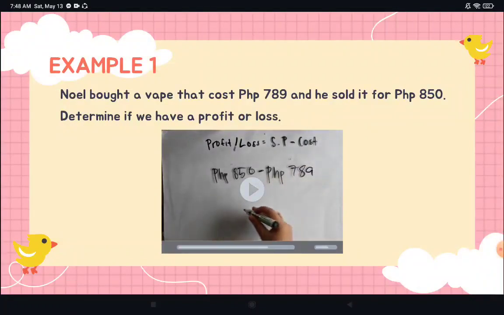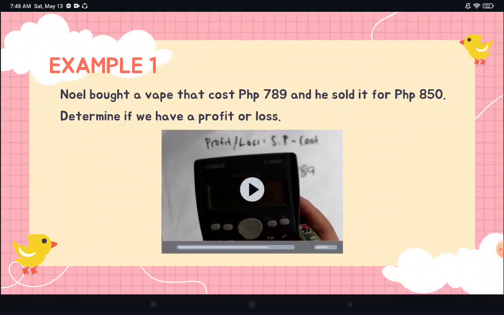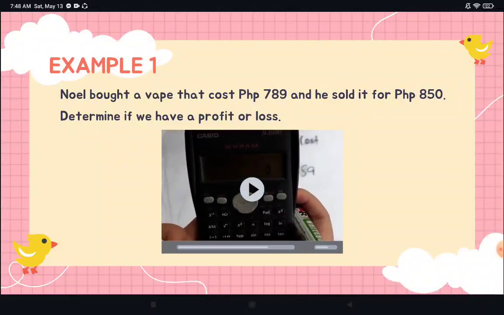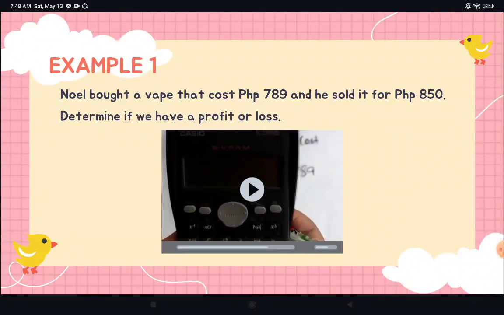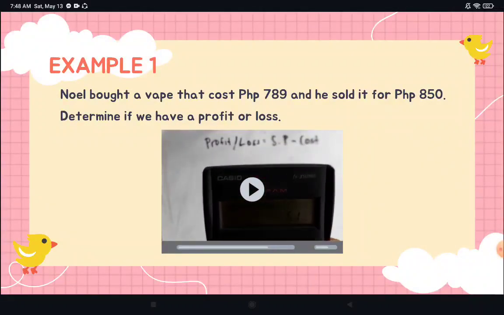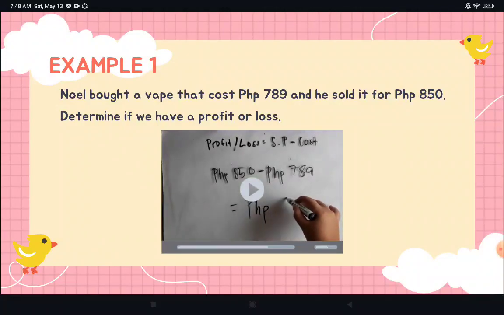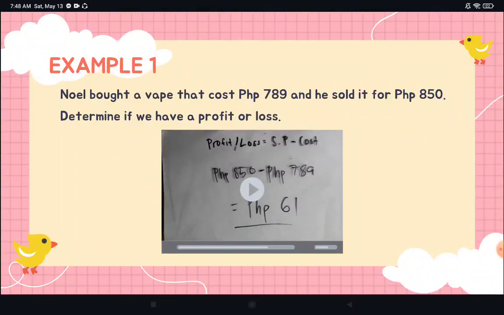So, sinabtract lang natin yung selling price sa cost, which is 850 minus 789, and we got 61. So, si Noel ay may 61 na tubo sa kanyang buy and sell.